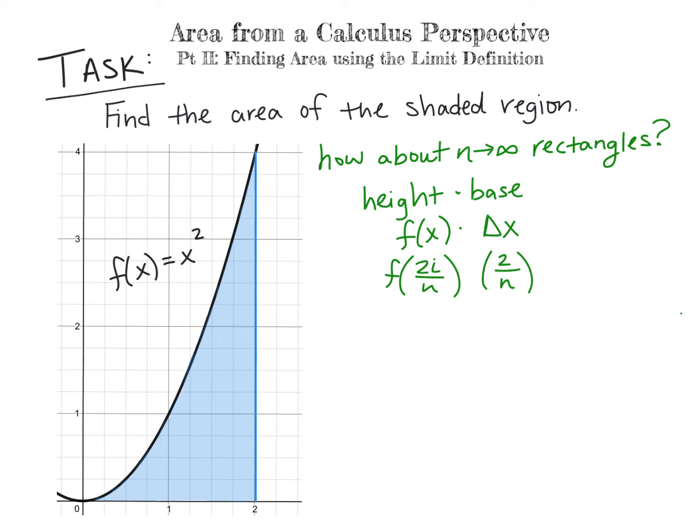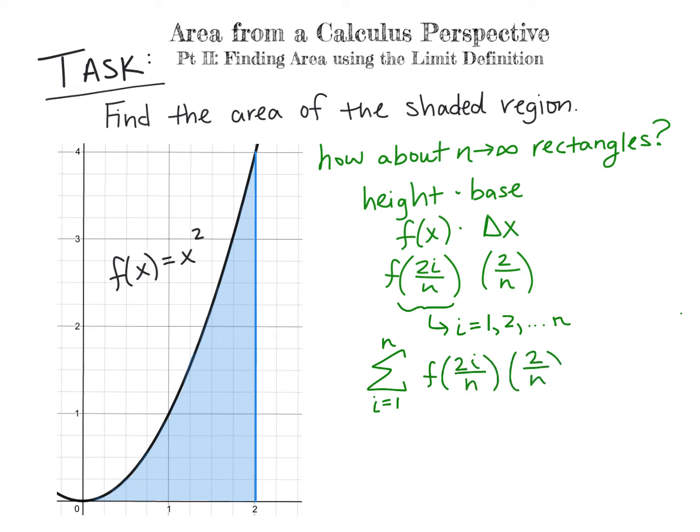And in this case, i needs to go starting from 1 and going all the way to n as n approaches infinity. So once again, we can write this as the sum from i is 1 up until n of f of 2i over n times 2 over n. Now in this case, we want the limit as n approaches infinity.